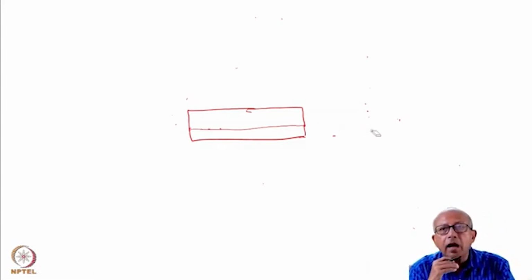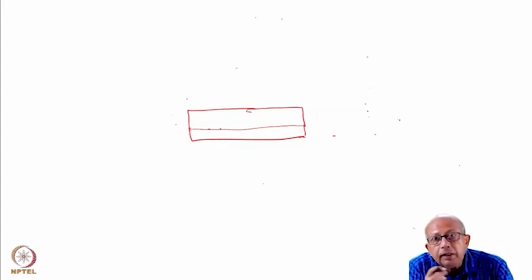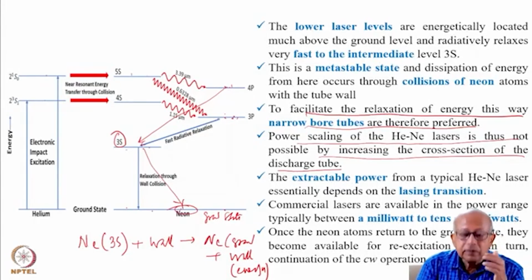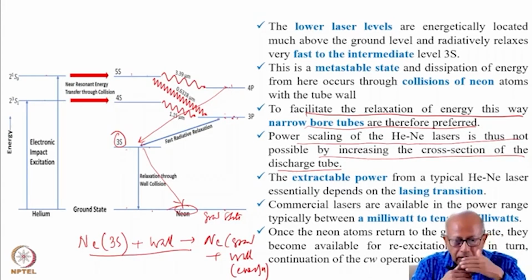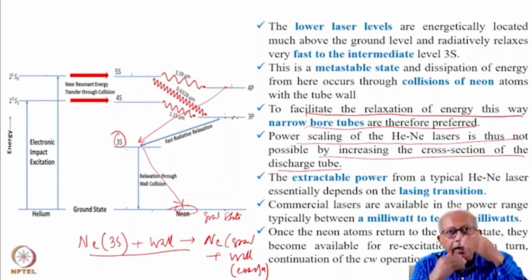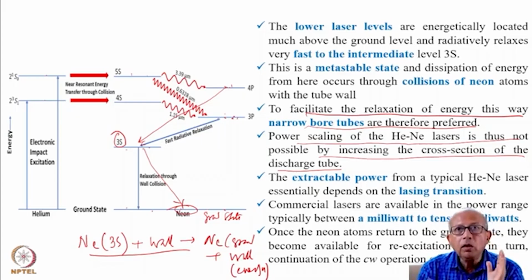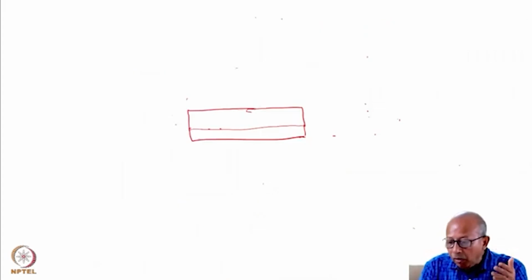So if you increase the diameter of the tube, you are hindering the relaxation of this metastable state as the result of collision with the tube wall. Because if the diameter is more, the rate of such collision will be less. So the energy from this metastable state cannot very efficiently relax. So this will not help you in scaling up the power.